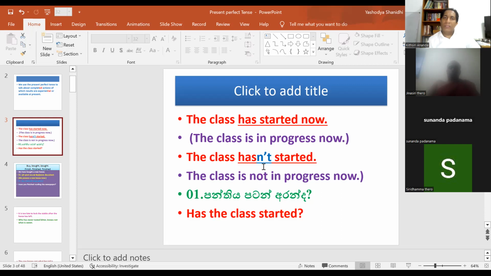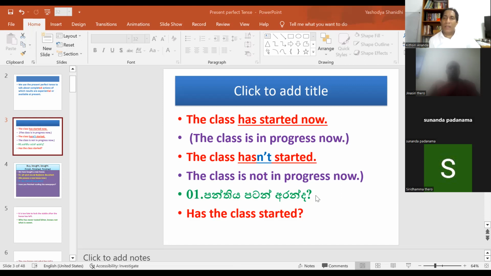So when placing the class to be the subject, we consider it to be singular, one unit. So we have to place the verb in the singular form. So we use has, not have.